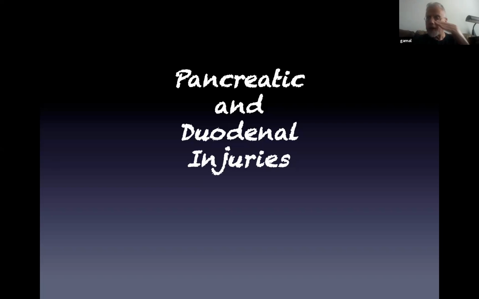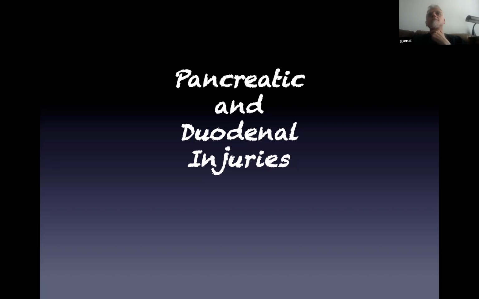Sometimes it's actually buried in the parenchyma, or at least living in a groove in the back of the pancreas. If you see fluid behind the pancreas in the area of the splenic vein, or between the pancreas and the splenic vein, that's very indicative of an injury. Excellent. So fluid around the pancreas and in the lesser sac will raise your suspicion of pancreatic injury.